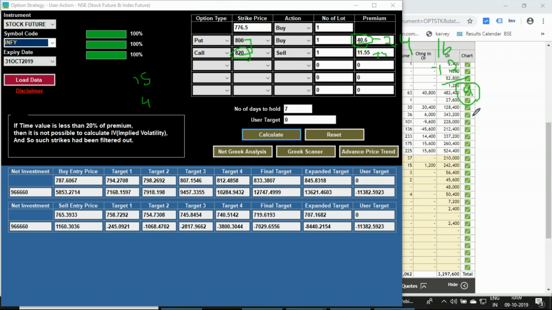So 20 rupees difference minus 16 rupees time value, there is 5 rupees, and this 5 rupees should be added with this 11 rupees 55 paisa. So this is almost 15 to 16 rupees coming, and whatever the time value risk is there, you can reduce it. That is your maximum profit.